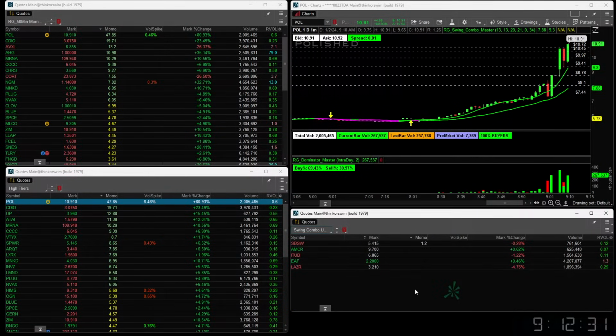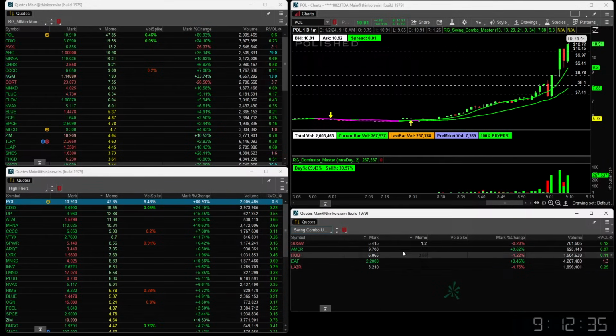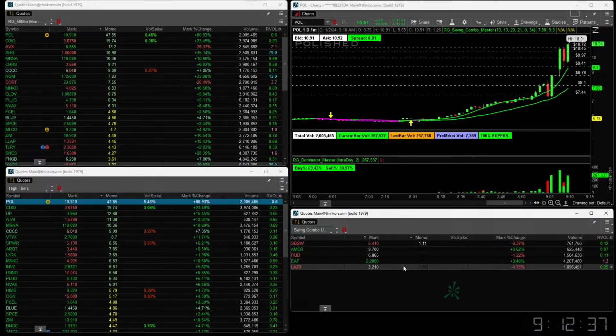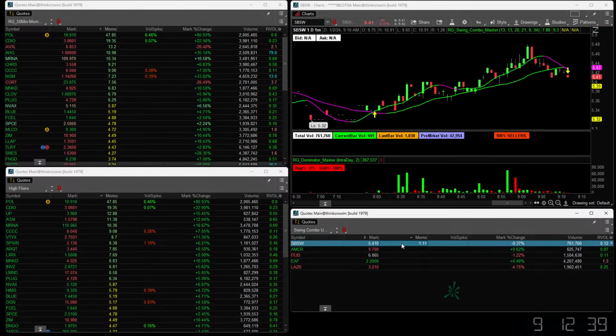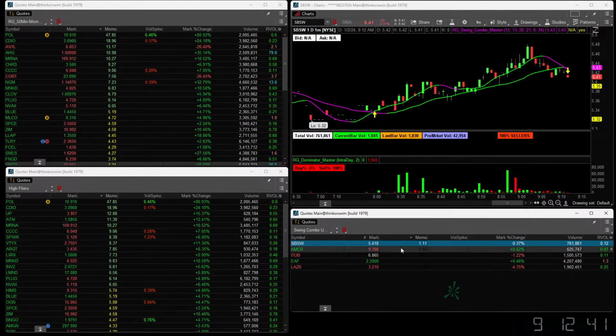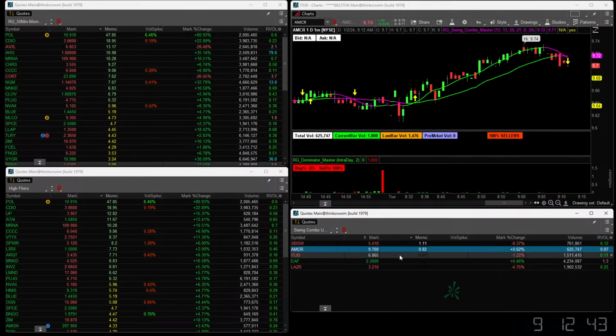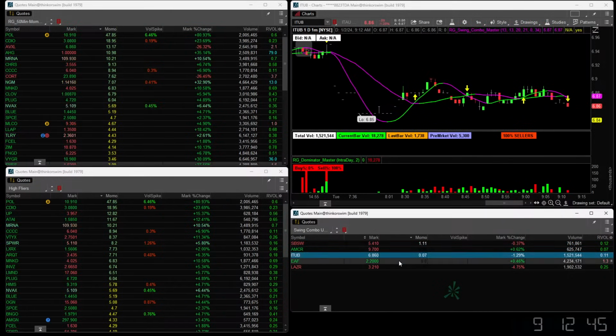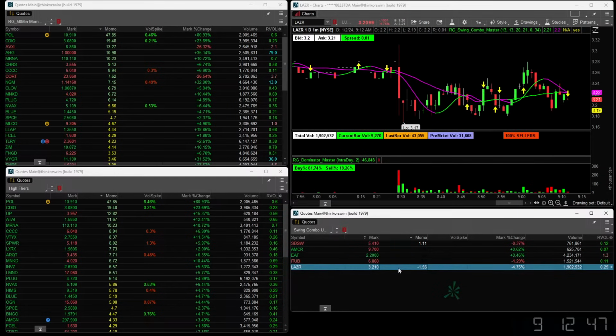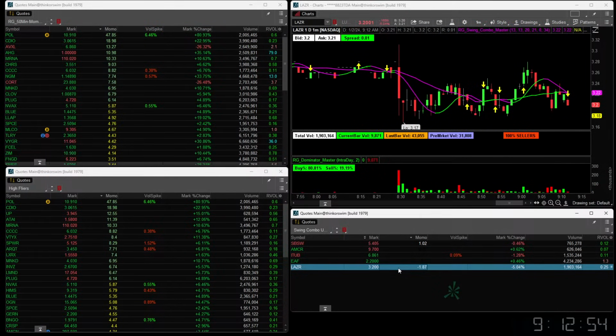So this scan's monitoring both shorts and longs. You'll have to pick out which one that you want. That one crossed down. That one's crossing down. That one's crossing down. That one's crossing down. And that one's crossing down. So there's no upswings. Or there's no upward crossovers, in other words.